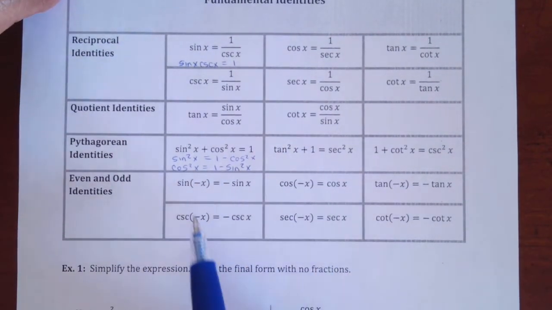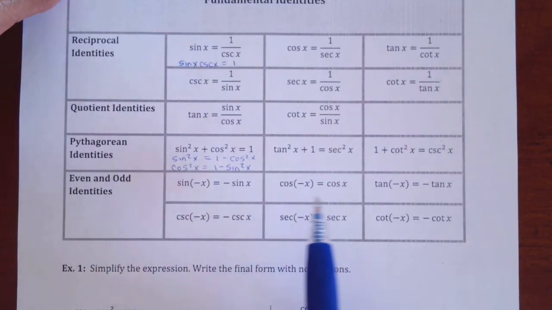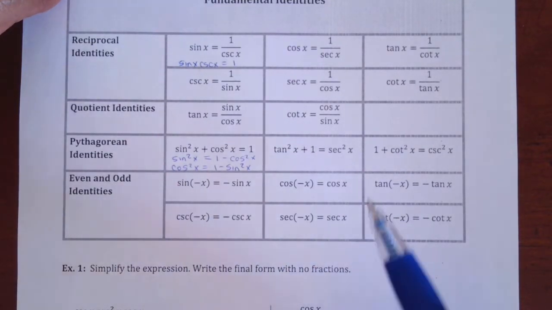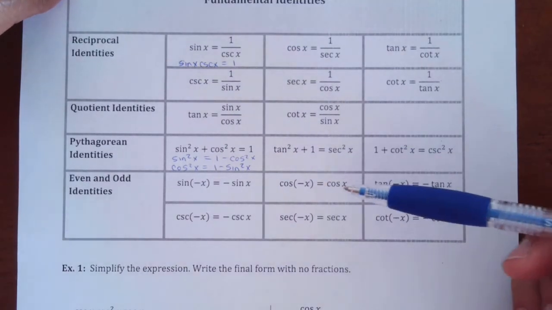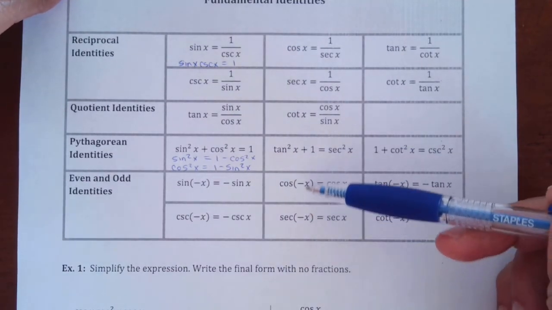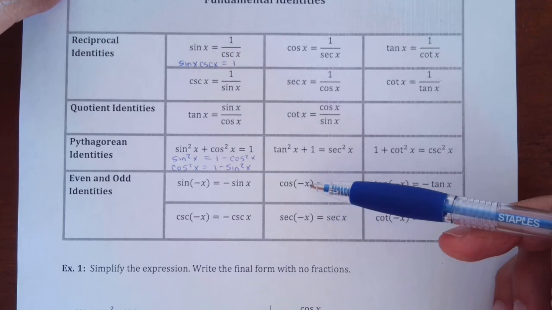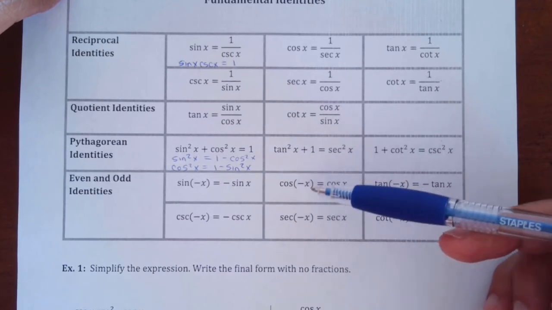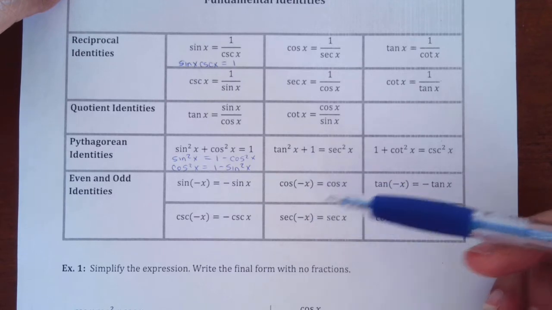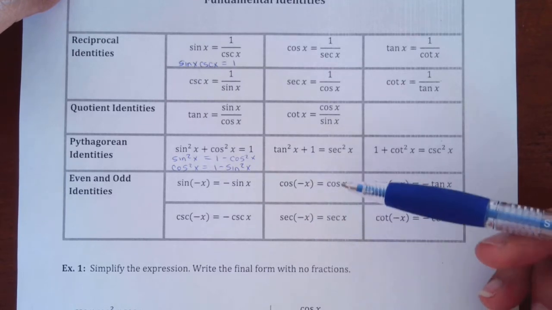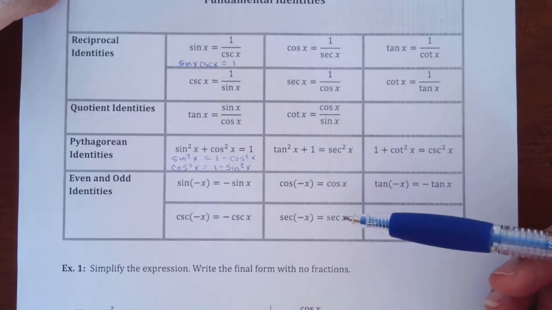And then we have the odd and even identities. All I'm going to tell you about this, don't make these any harder than they are. The only even identities you have in trig are cosine and its reciprocal of secant. So when the argument, the thing inside the parentheses, is negative for these two, you can drop the negative sign and just treat it as a regular positive number.